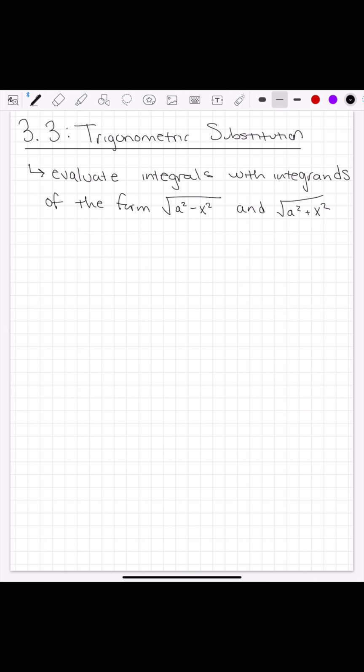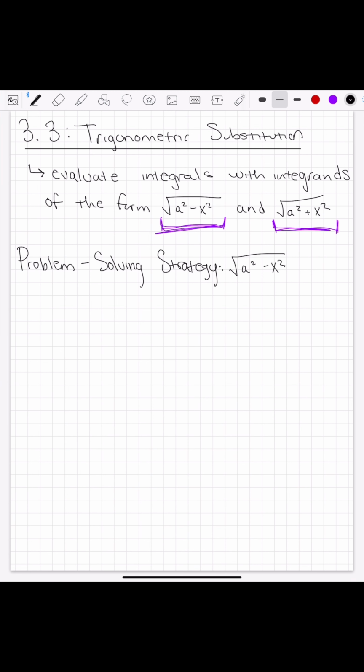And we'll have one distinct strategy for the a squared minus x squared and another distinct strategy for the a squared plus x squared. So the problem solving strategy for the minus sign, problem solving strategy for square root of a squared minus x squared.